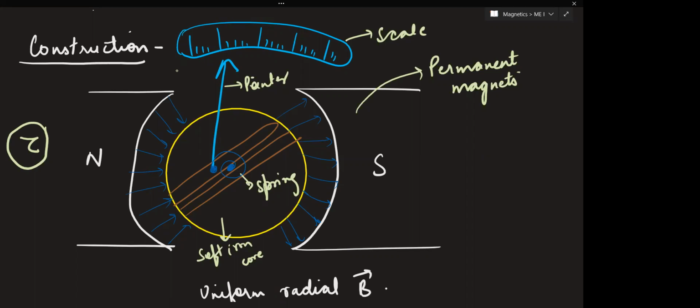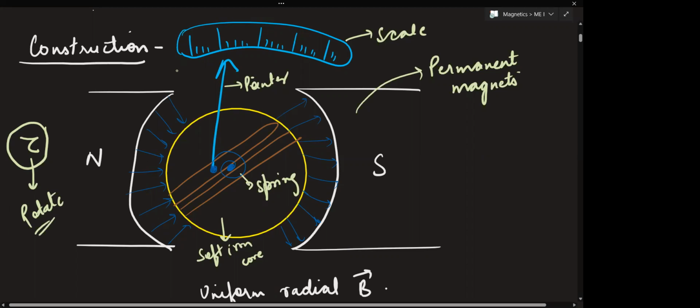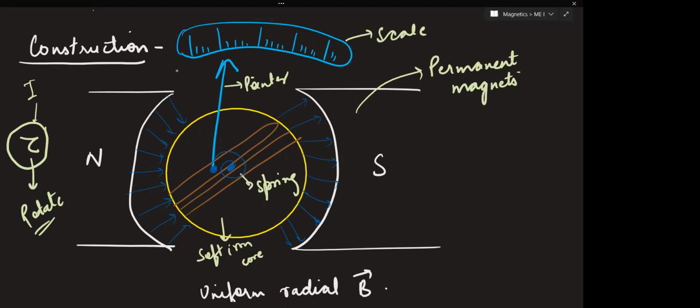A torque will occur. Now, torque's function is to rotate. It's the rotational analog of force, so its function is to rotate. So what will it do? Because of these radial magnetic field lines, current has been produced. Now, current will produce a torque, and this torque will try to rotate it. So the pointer will rotate. But if there is no current in your circuit, then there is no torque produced, there is no rotation of spring, and the pointer will not show any deflection.